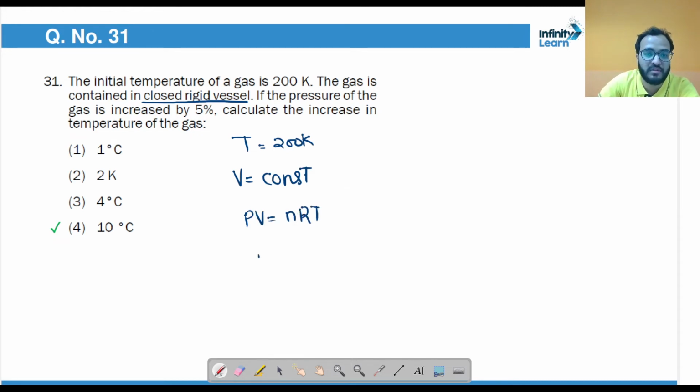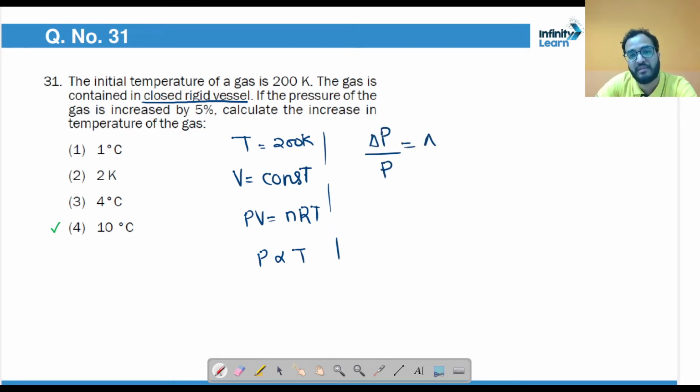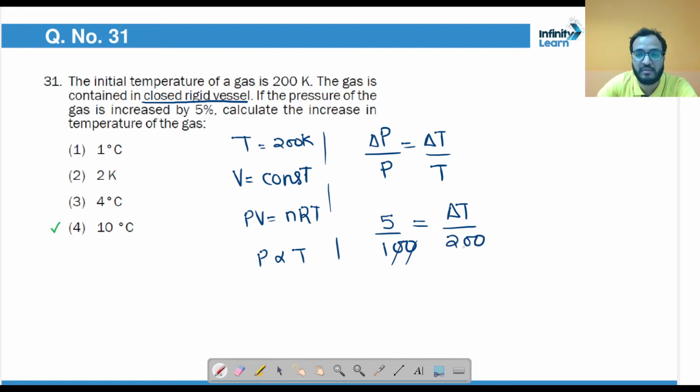If volume is constant, P is directly proportional to T. So for small changes, we can say delta P by P is equal to delta T by T. So delta P by P is actually 5 by 100 because it is 5 percent. So delta T by T is how much? 200 Kelvin. So what is the answer? Delta T is 10 degree centigrade.